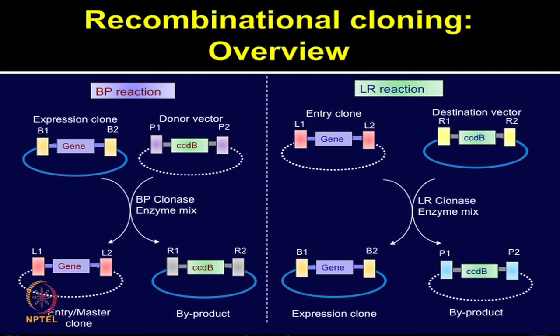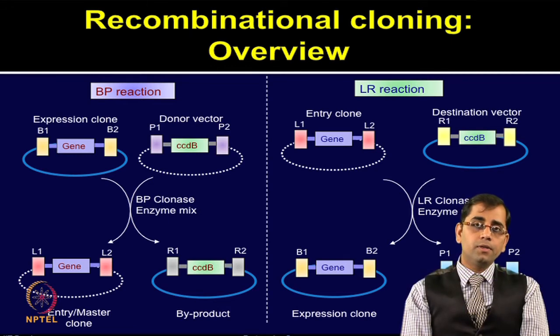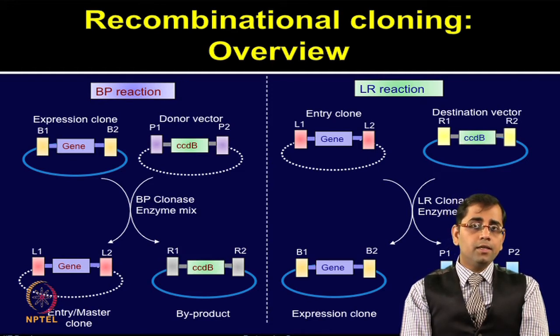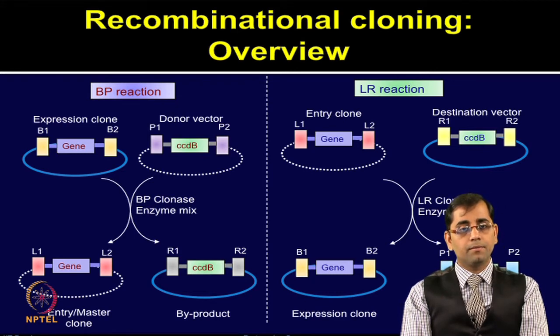The recombinational cloning makes use of a master clone, as you can see in this slide, having a particular gene that is rapidly transferred to the desired destination vectors, and thereby it can provide significant benefit over the conventional cloning methods.